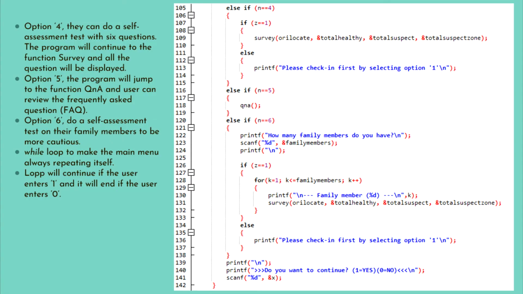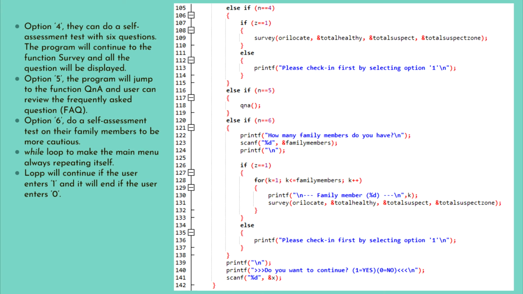If the user enters option 4, they can do a self-assessment test with 6 questions based on the symptoms, contact, and travel that the user has experienced in the time being. The program will continue to the function survey and all the questions will be displayed. If the user chooses option 5, the program will jump to the function Q&A and the user can review the frequently asked questions, also known as FAQ, so they will get to know more about MySejahtera.